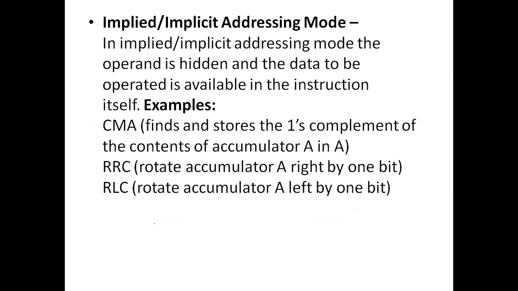And next one is implied or implicit addressing mode. Whenever we are talking about the implied or implicit addressing mode, we have to remember the accumulator. Previously we said that ADD C means the contents of C are going to be added with the contents of the accumulator, and the result will be stored in the accumulator.